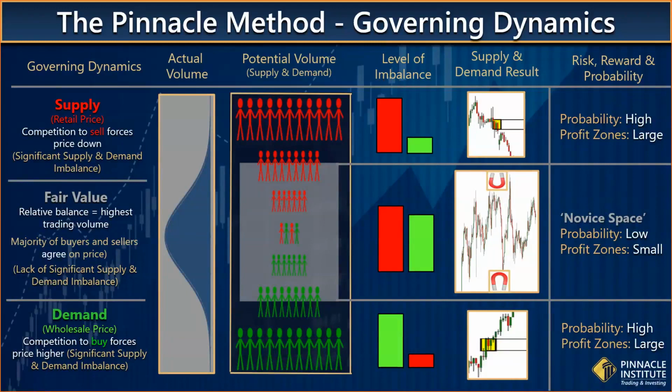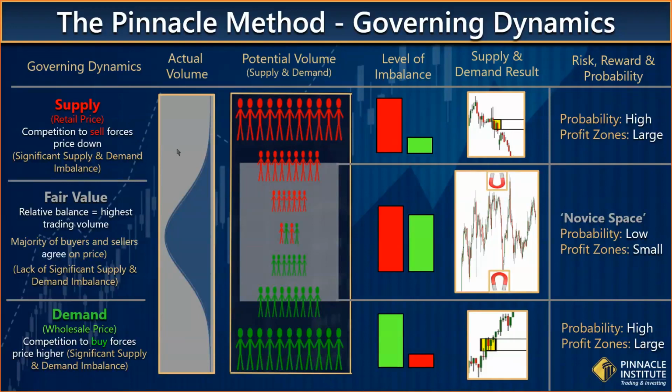So we talk about the Pinnacle method. We're talking about the governing dynamics of supply and demand, how markets work, the supply-demand strategy we've been covering for years here in the FX Street sessions. Starting all the way on the left, we have supply, or retail prices. Competition to sell at supply forces price down because of a significant supply-demand imbalance.